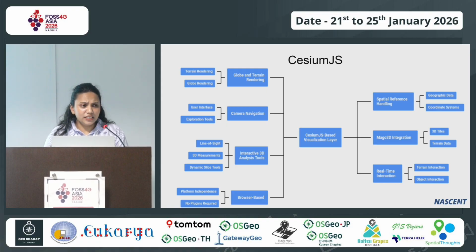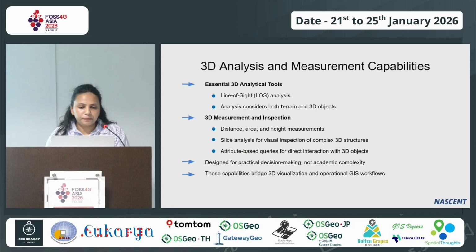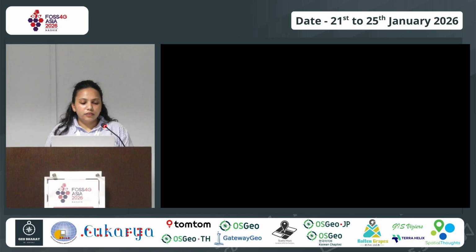It is browser based, and it helps us in developing many tools like measurement tools, line of sight, and dynamic slicing tools. So, 3D analysis and measurement capabilities. We have developed a 3D analysis tool like line of sight, which considers both terrain and 3D objects.